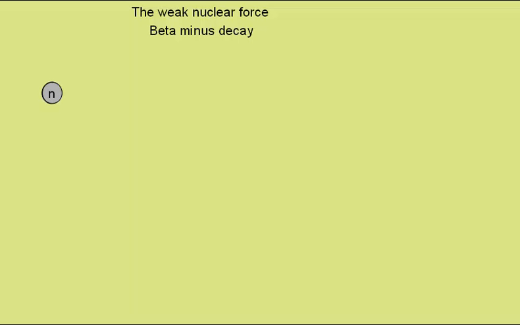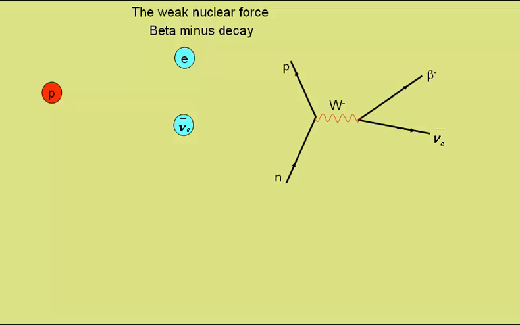This is where a neutron will become a proton, ejecting an electron or beta particle and an electron antineutrino. This is the Feynman diagram for beta-minus decay. Here's the neutron, which at this point ejects a W- boson, turning into a proton. The W- boson very quickly turns into a beta-minus or electron, and the electron antineutrino.